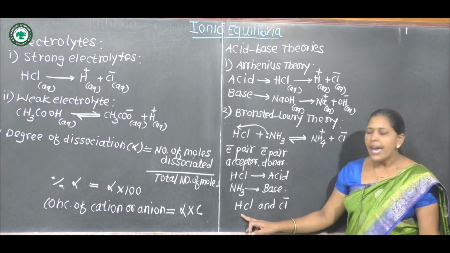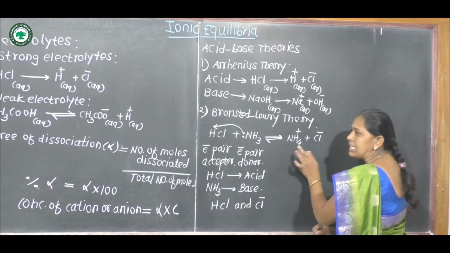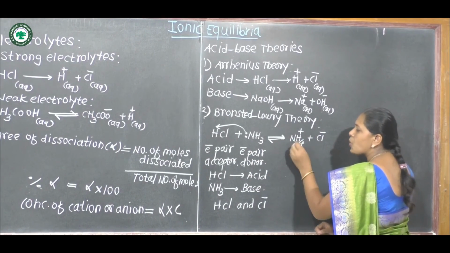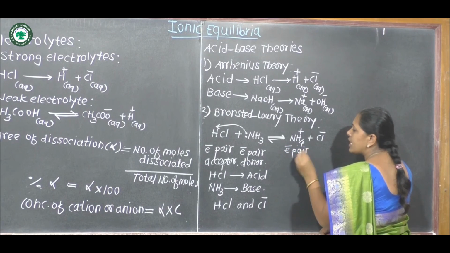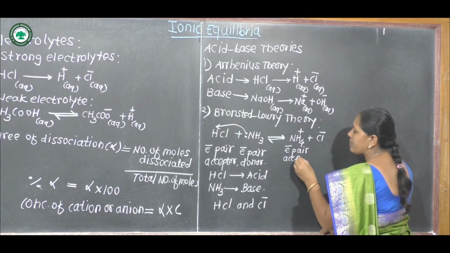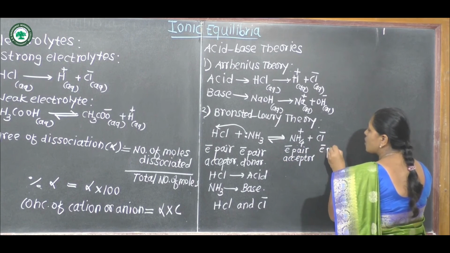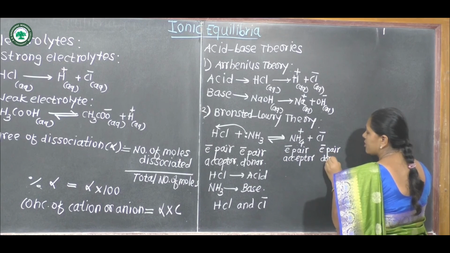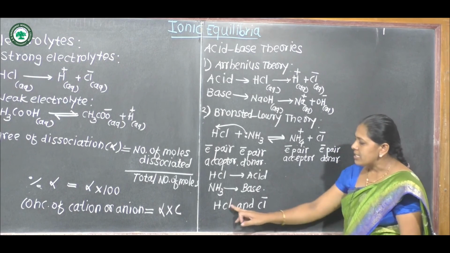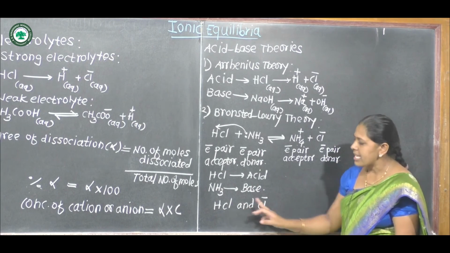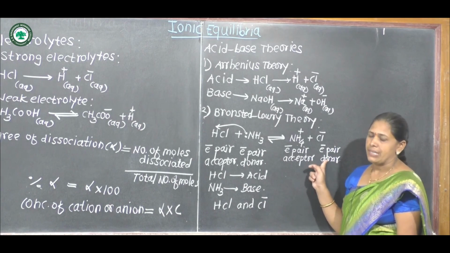HCl is the acid because it is electron pair acceptor, and NH4 plus is electron pair acceptor and Cl minus is electron pair donor. According to Bronsted-Lowry theory, HCl is acid and Cl minus is electron pair donor, that means it is base.